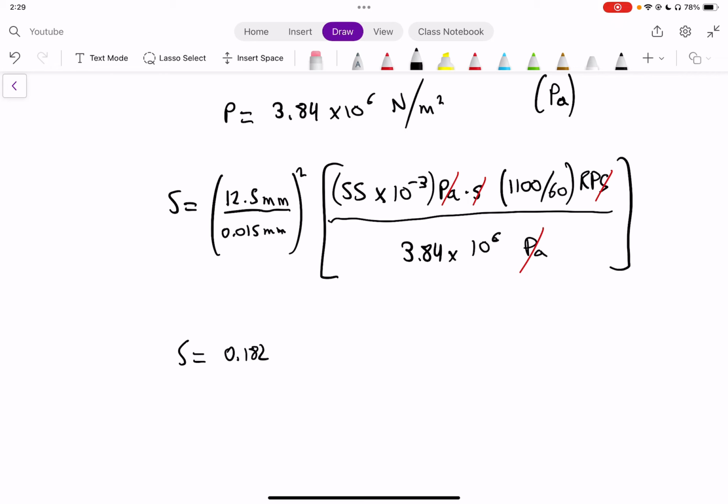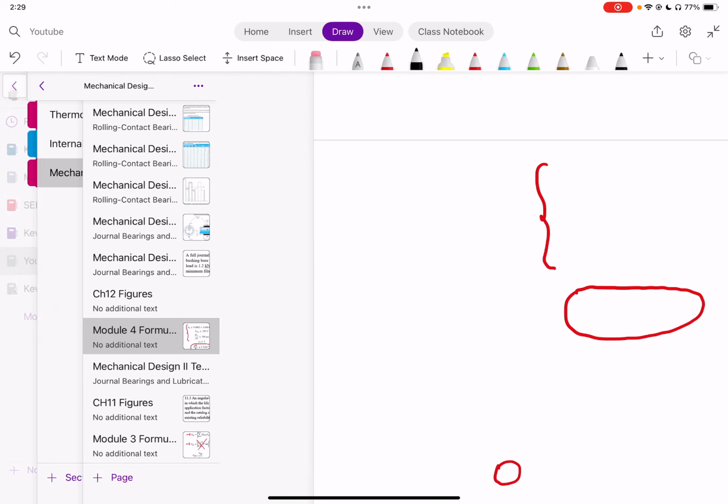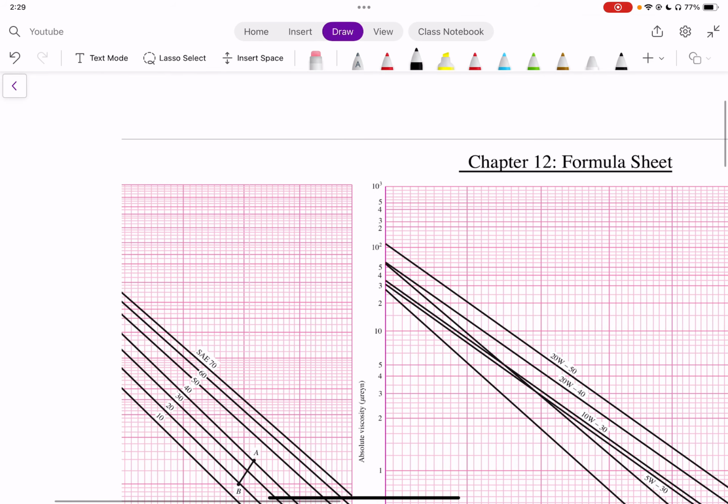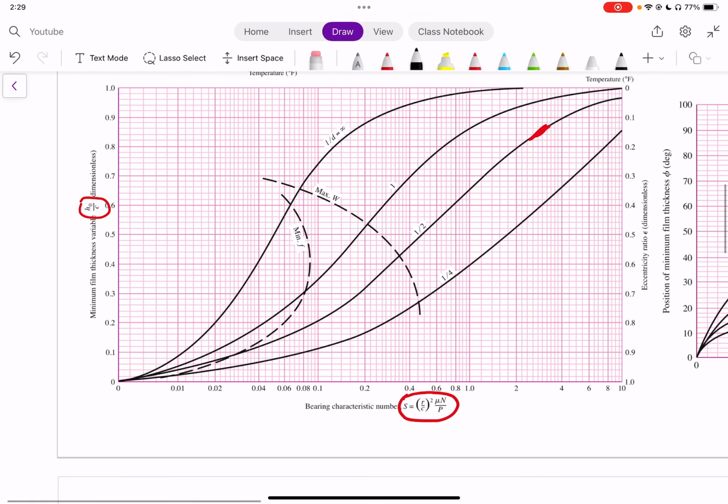Okay, we're also given that L over D is equal to 1/2. And now we can go to our chart to find H0 over C. If we go to the right chart here, we're given that we have a Sommerfeld number of 0.182.